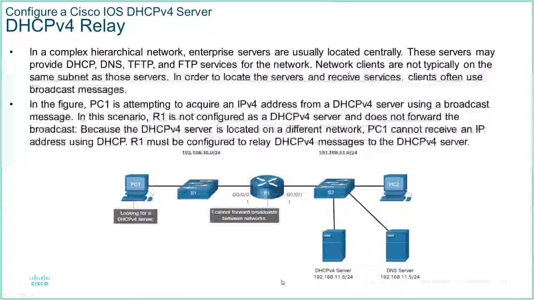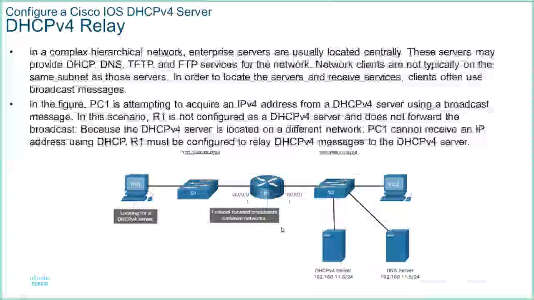We can use what is known as a relay command. And what this does is it provides for DHCP, DNS, TFTP, FTP servers, and a couple others to be automatically redirected to an IP address.